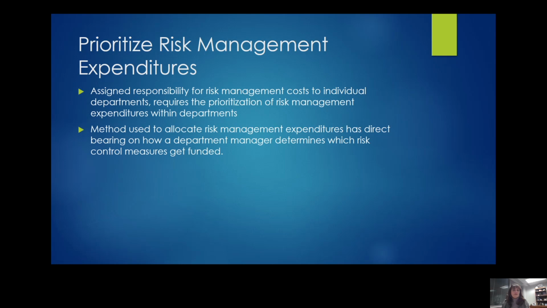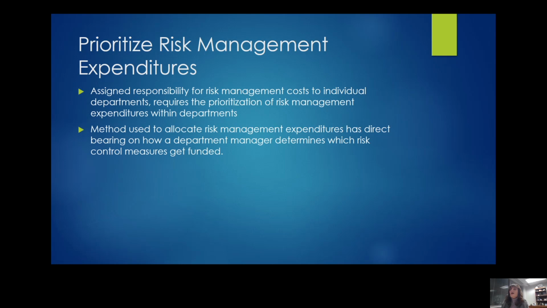They say, if you do this, this is going to improve your risk profile. They also give us an estimated cost of doing the recommendation, and an estimated cost of what it could potentially save us. So the more information you can give departments on how to best prioritize their money to get the most bang for their buck, that's what you want to do.